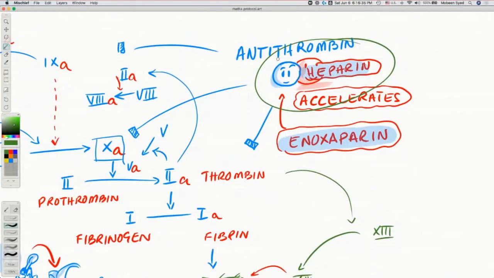On the other hand, enoxaparin, which is low molecular weight heparin, does not do these kinds of things, or does so at a very low level. So enoxaparin is a much more reliable drug. You can say that if I gave X milligrams, then X milligrams will be available.